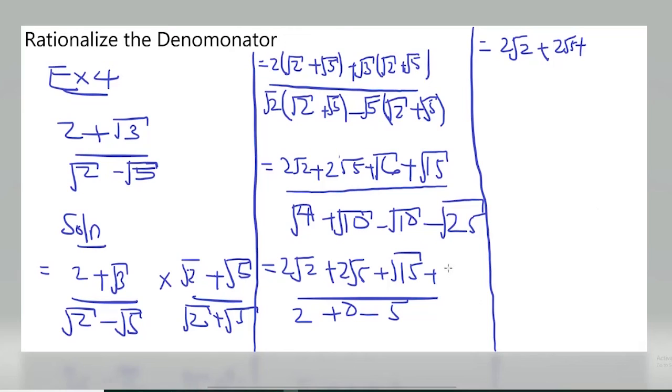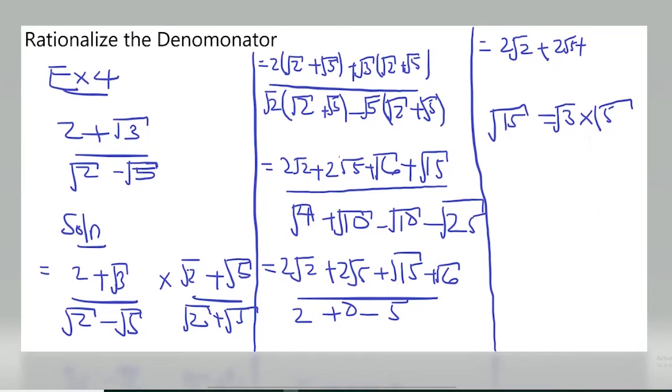So you are supposed to write root 6. I forgot, I'm sorry. Then plus root 15 can be split as root 3 times root 5, right?